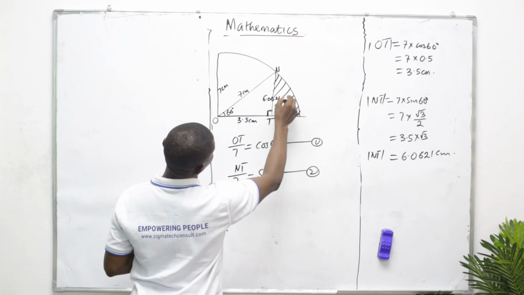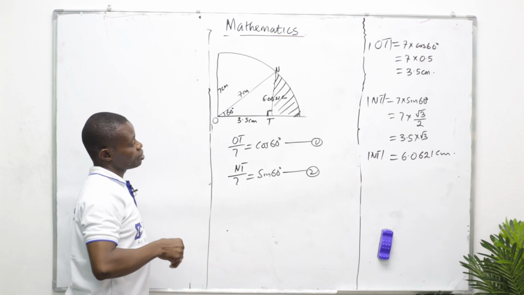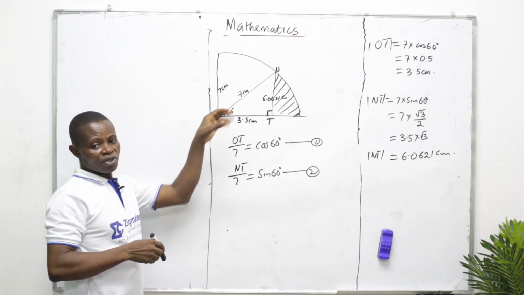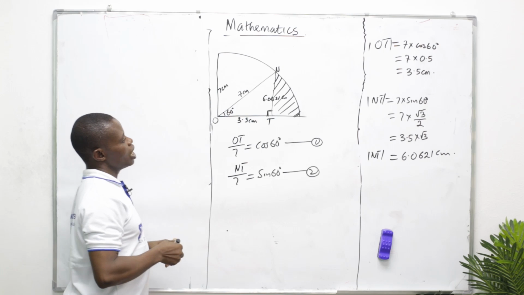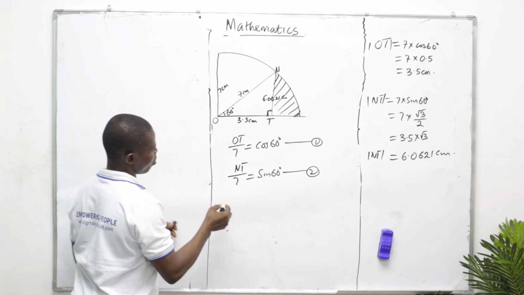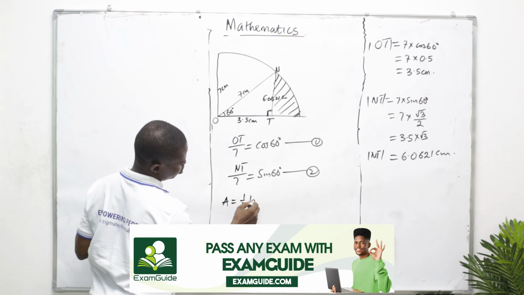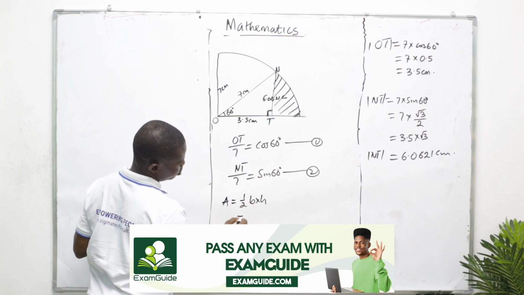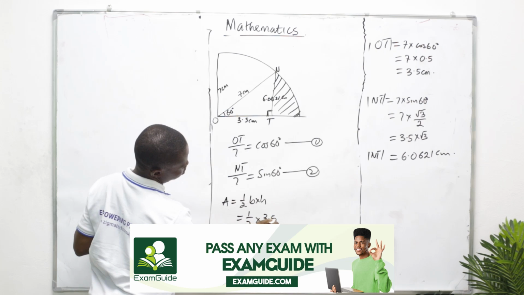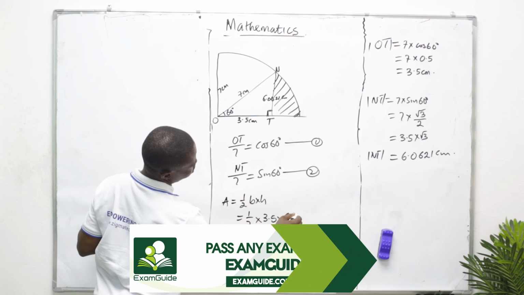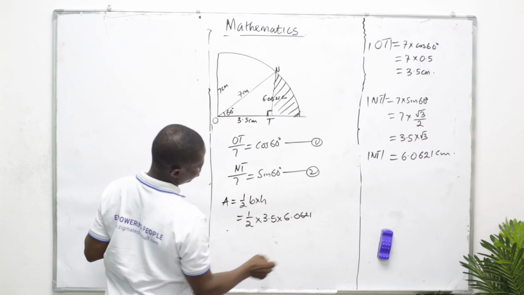Why here is 6.0621 cm. Now the question is, what is the area of this triangle? Area of triangle, recall, is what? 1 over 2 base times height. This will give us 1 over 2 times base, 3.5, times the height, 6.0621.